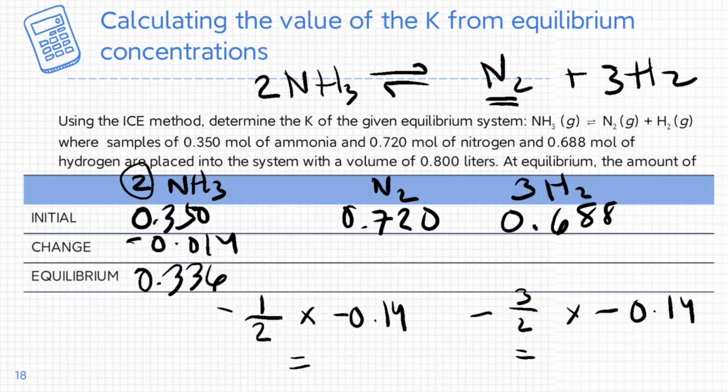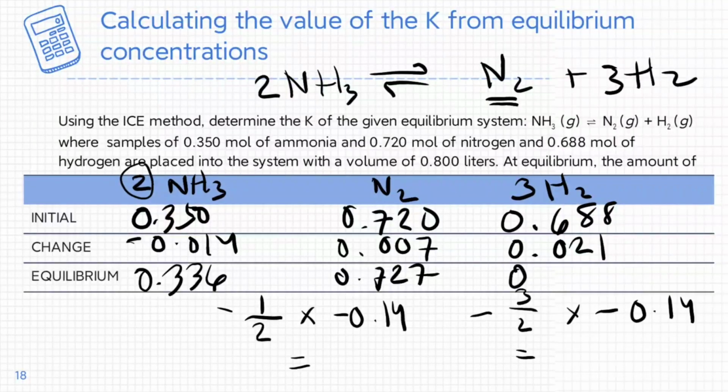So yung value dito sa nitrogen is 0.007 positive and 0.021 positive. Okay? And then add mo lang yan, you will get 0.727 and 0.709. Okay, di ba? Ganun lang kasimple.